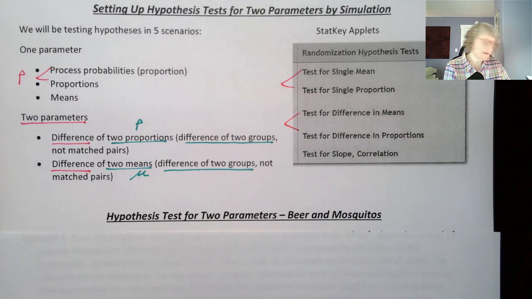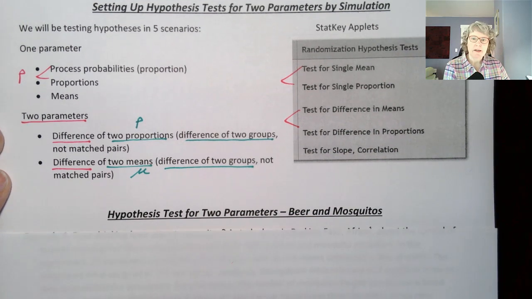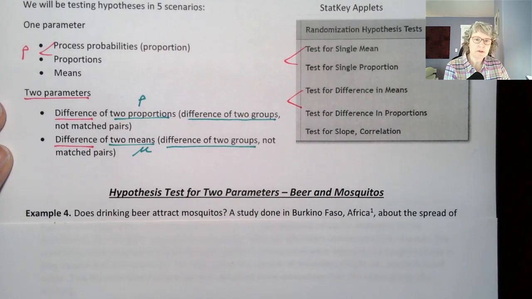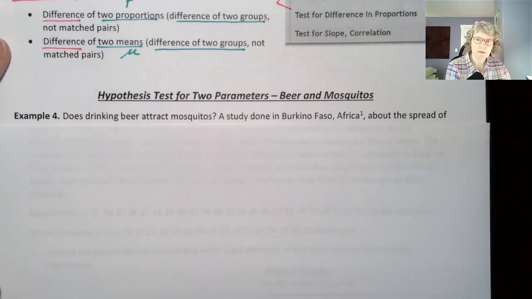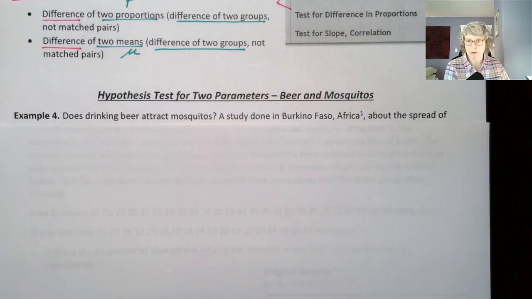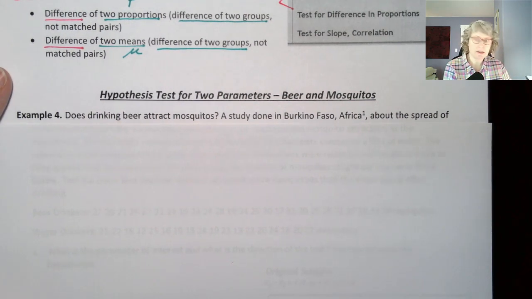I've got a hypothesis test for 2 parameters here: beer and mosquitoes. Does drinking beer attract mosquitoes? That is the question. I've got the study referenced here, and it's linked in D2L if you want to read more about it. It's a really interesting experiment.